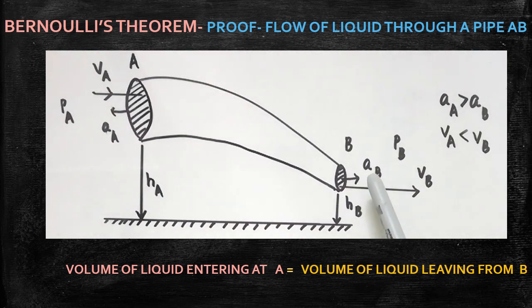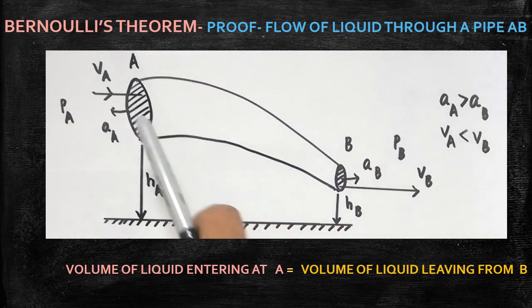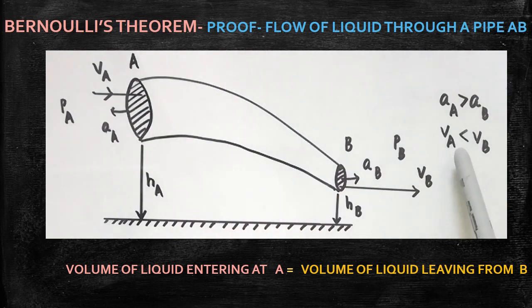Already we have learned from the equation of continuity that when the area of cross section is greater, the velocity of the liquid will be lesser. Here the area of cross section is less, therefore the velocity of the liquid is more.